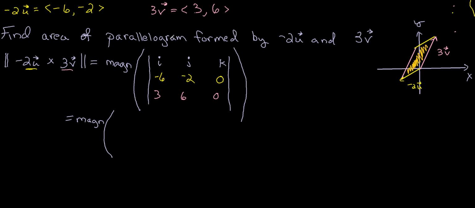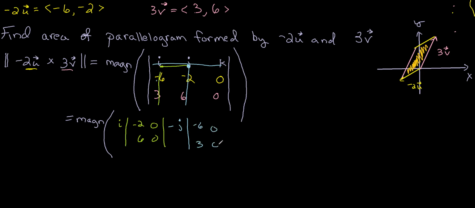So first trip through the determinant. I'm going to work on the first row, first column, so that's going to give me i times the determinant of what's left over, negative 2, 0, 6, 0. Next, I'm going to anchor myself here, first row, second column, so that's going to give me minus j because these determinants alternate in sign, and I've got negative 6, 0, 3, 0.